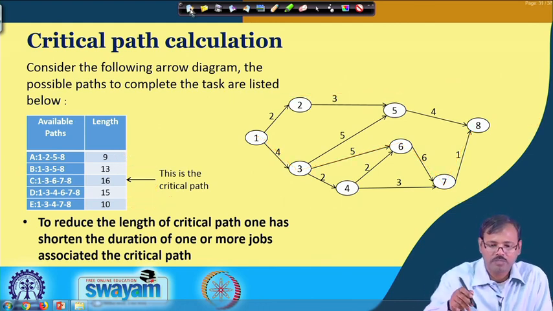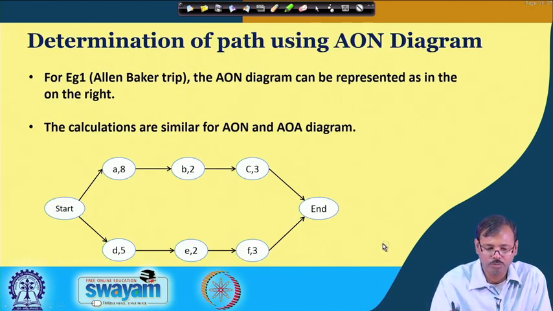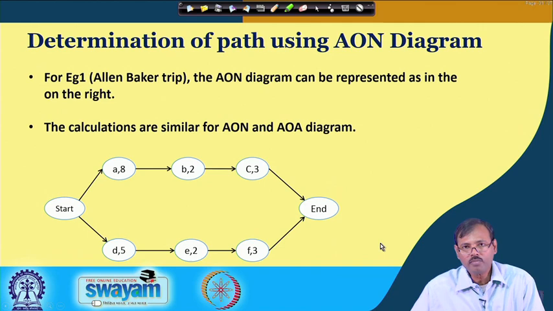So, basically the critical path gives us the analysis from where we can infer which path has to be taken care of more. We can carry out analysis of critical path for activity on node diagram also.